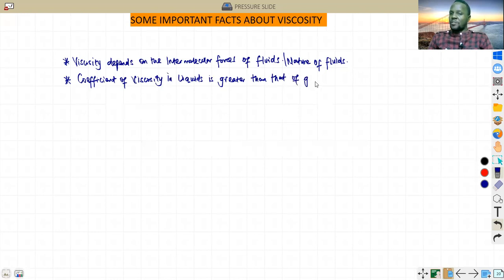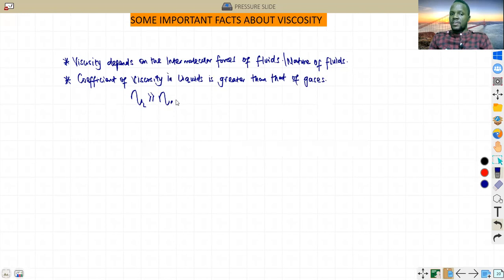We are considering fluid as no solid, of gases. So we can say the coefficient of viscosity we denote by a symbol we call eta. Eta is written like this. So eta of liquid is very, very greater than that of eta of what?